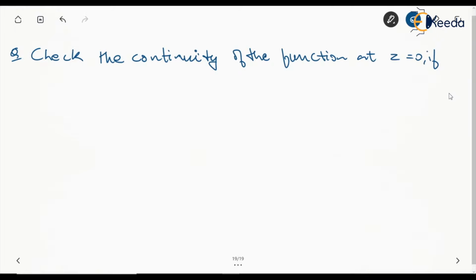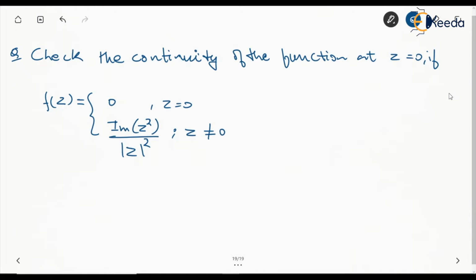if f of z is equal to 0 at z equal to 0, and is equal to imaginary part of z square divided by absolute value square of z if z is not equal to 0, right?